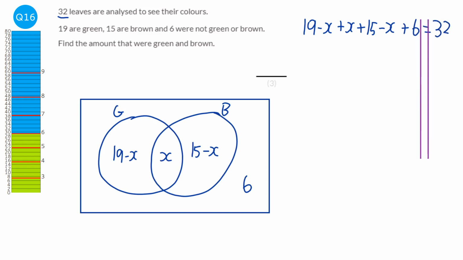And let's get our solving lines in. So we've got minus X and minus X, so that's minus 2X. And we've got 19 plus 15 plus 6, which will be 40, equals 32. We're going to take away the 40 both sides.